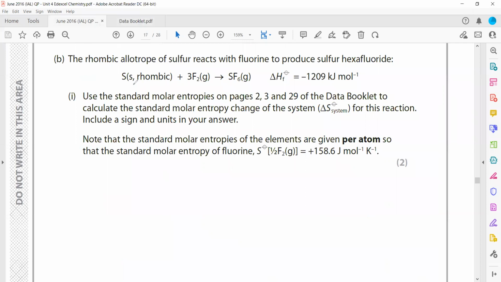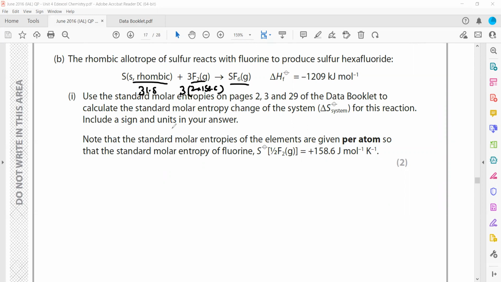Like here, this one is sulfur, this one is fluorine, and SF6. For sulfur it is 31.8. For fluorine, because there are 3 molecules and one atom has a molar entropy of 158.6, but 2 atoms are in one molecule, so it will be twice.